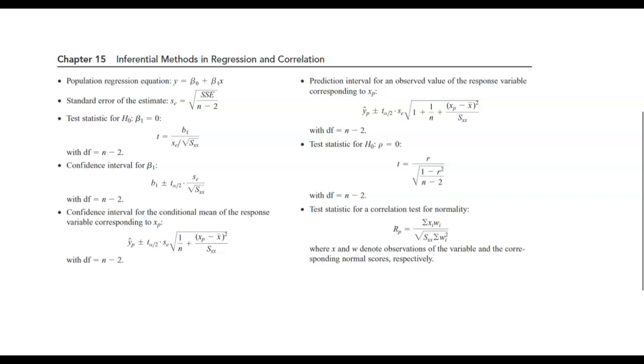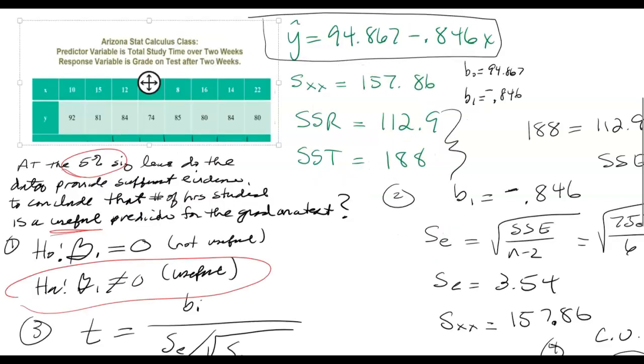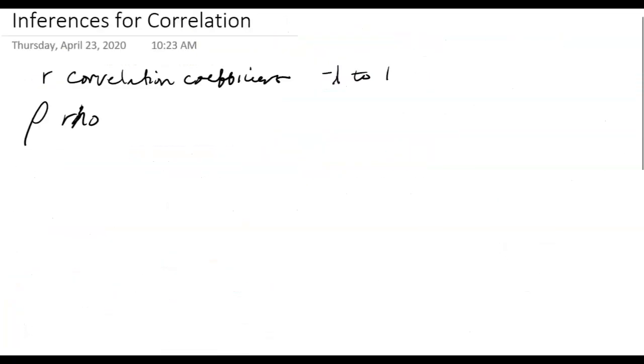So definitely, it looks a lot like a p, but it's not quite a p. So that variable is our population correlation coefficient.